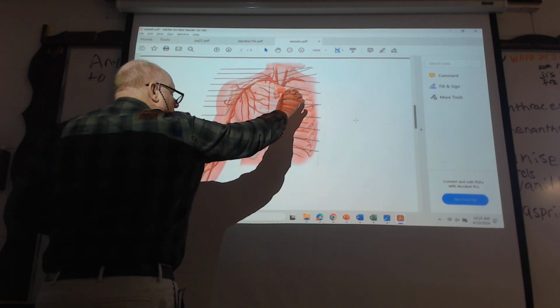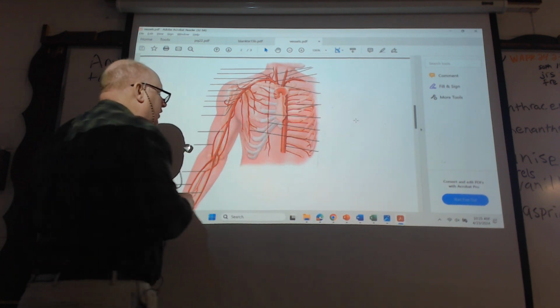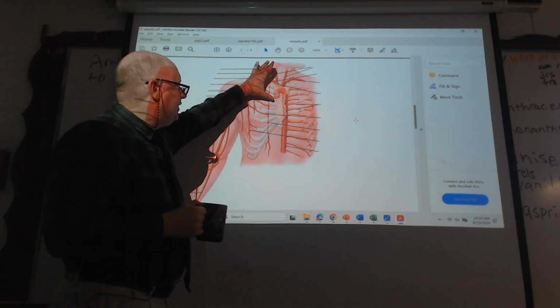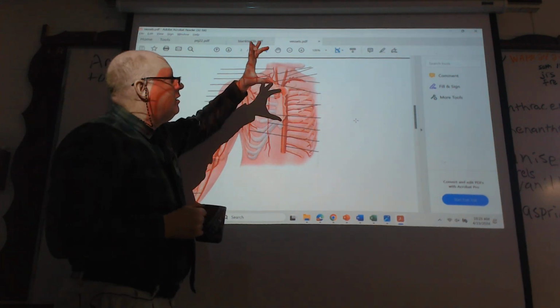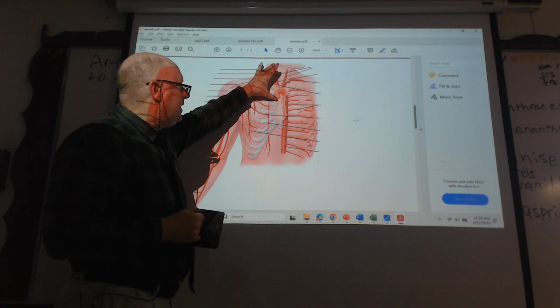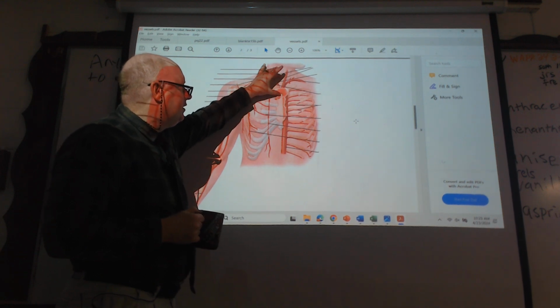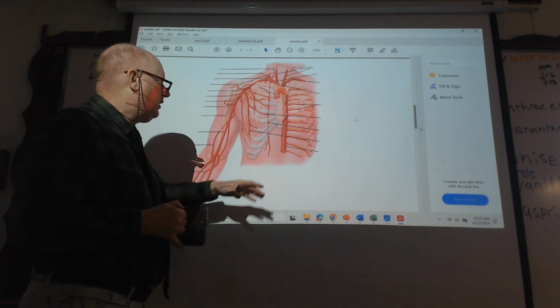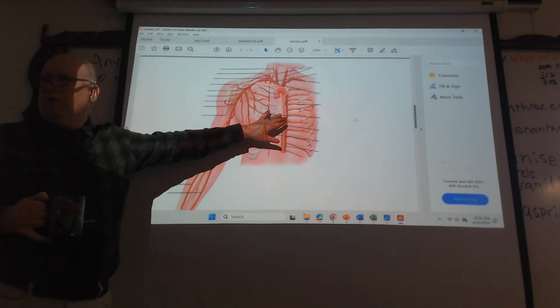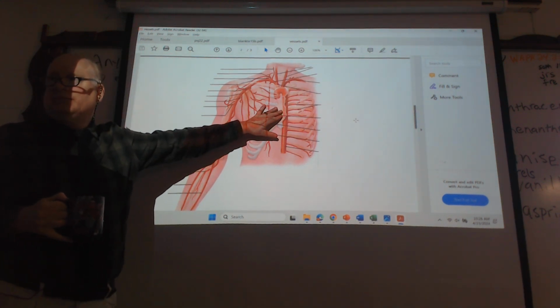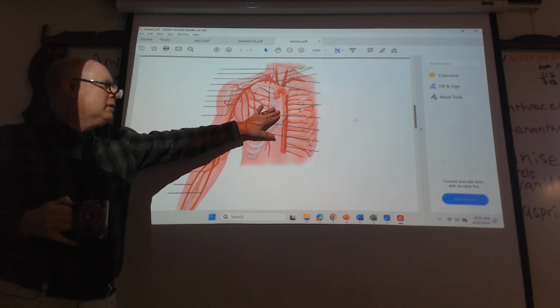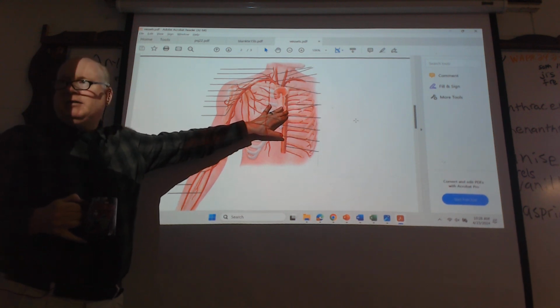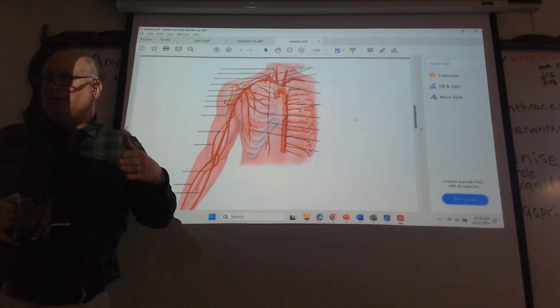So what is everything that you can tell me about this 4-inch gap right here? Okay, well, first of all, let's start with what artery is this?